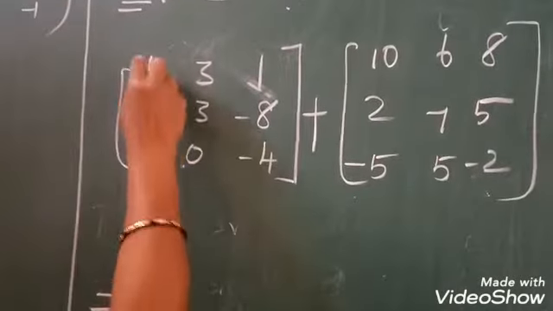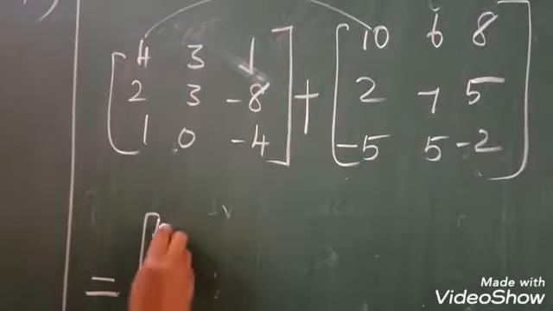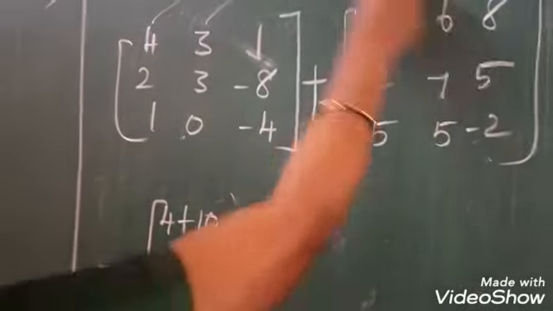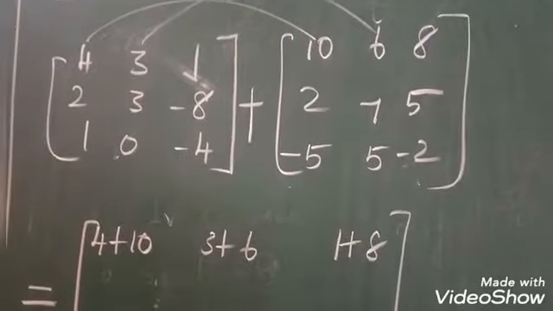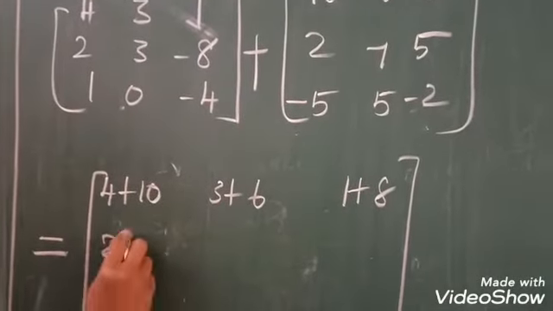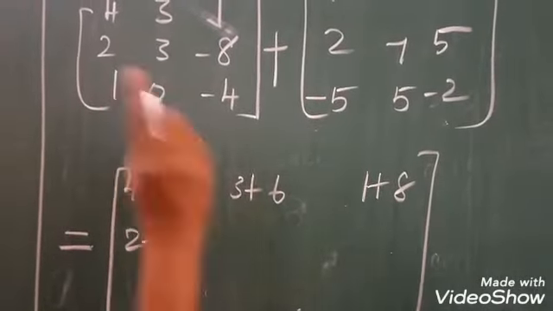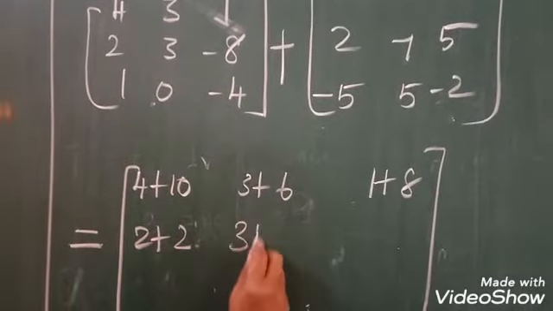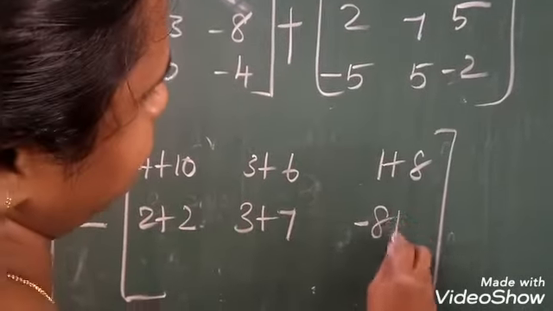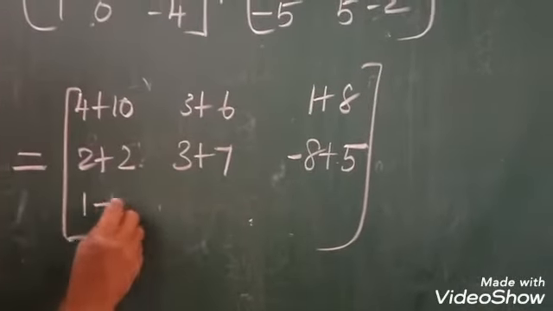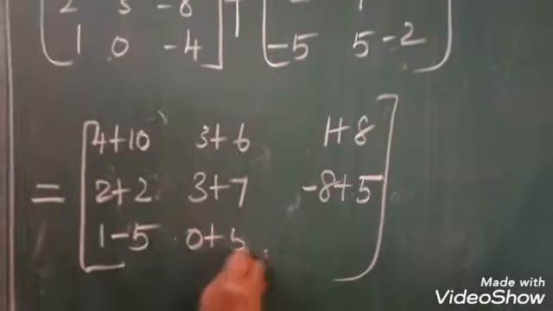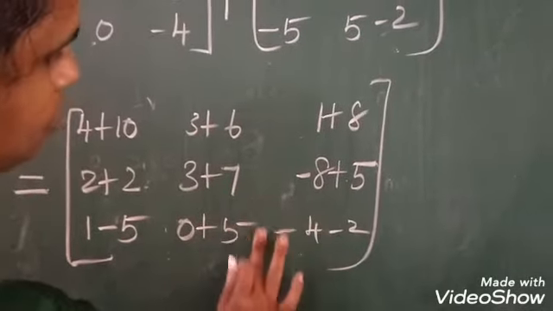Okay, in the LHS, 4 plus 10. Then the second element, 3 plus 6. Then the third element, 1 plus 8. Then the second row, 2 plus 2, the first element of the second row, then the second element, 3 plus 7. Then minus 8 plus 5. The same way you have to do the third row: 0 plus 5, then 1 minus 5, then minus 4 minus 2.